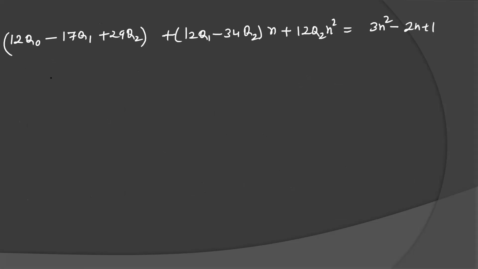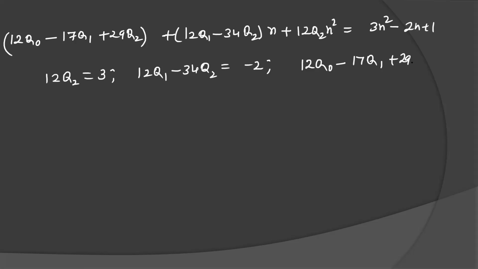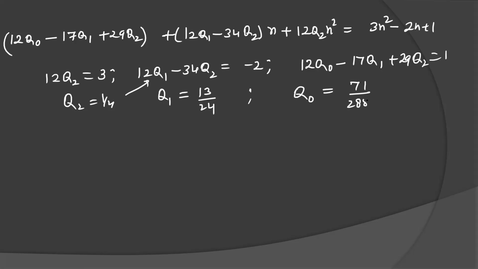Now after comparing the coefficients, 12 q2 is equal to 3, 12 q1 minus 34 q2 is equal to minus 2, and 12 q naught minus 17 q1 plus 29 q2 equal to 1. Put values here, so you will get q2 equal to 1 by 4, q1 equal to 13 by 24, and q naught equal to 71 by 288.